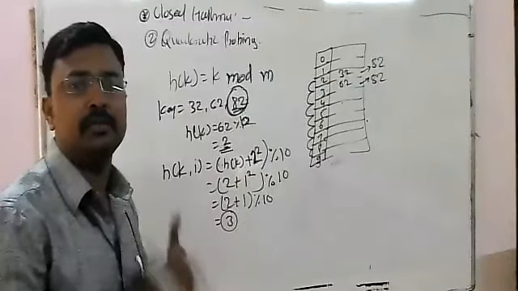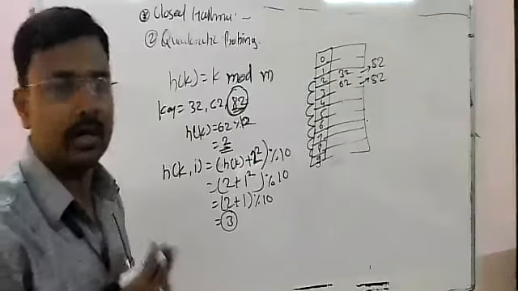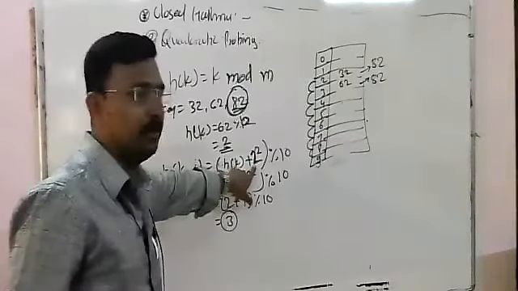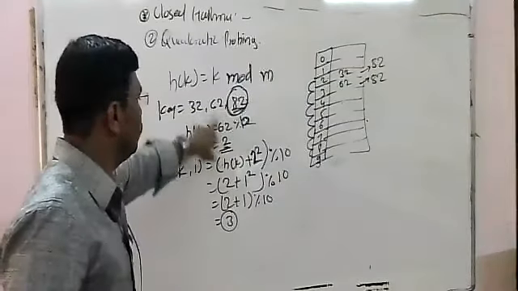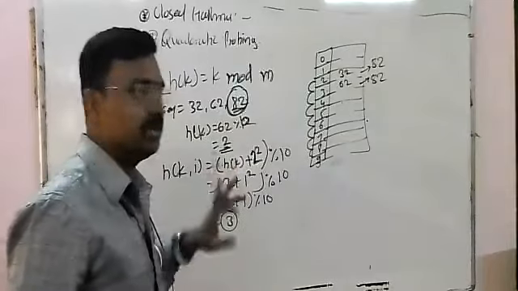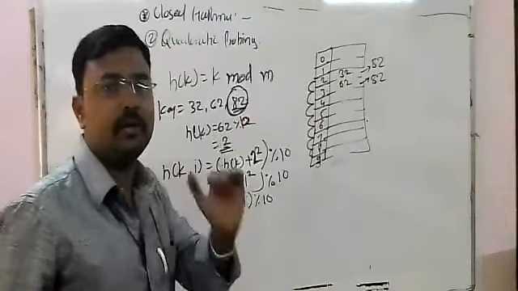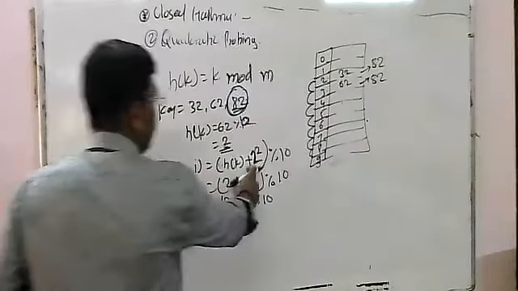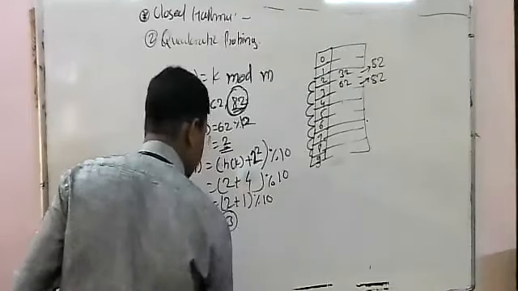How many times collision occurs? That is nothing but probe number. For 32, it is already stored. 62, it occurred only one time. So we have done 1 square. For 82, it is occurring 2 times. So what we have done? 2 square. 2 square, 4.